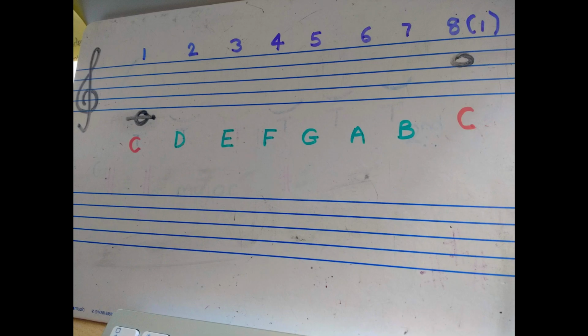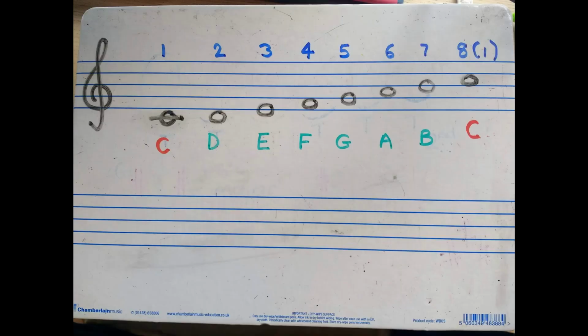And then you need 1 note on each line or space between the starting note and your finishing note. Once you've put on your C and your other C, you're going to need to have 1 note on each line or space in between. And we can line these up with the numbers and the letter names that we've already worked out.